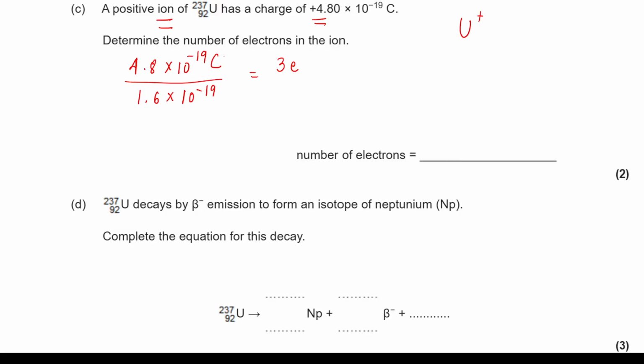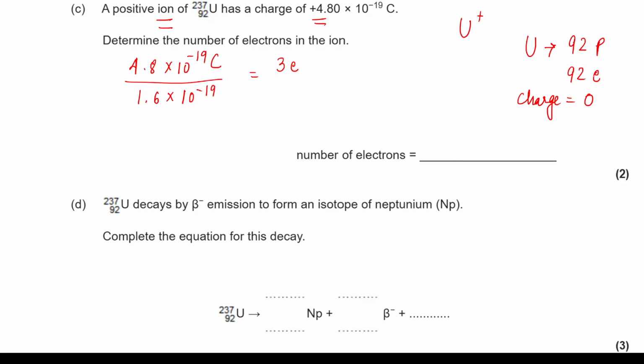That's why it has a plus 4.8 charge. So how many electrons would it have? Let's consider a uranium atom. It'll have 92 protons and 92 electrons. What's the charge? The net charge is 0. But this one says it has a charge of plus 4.8.